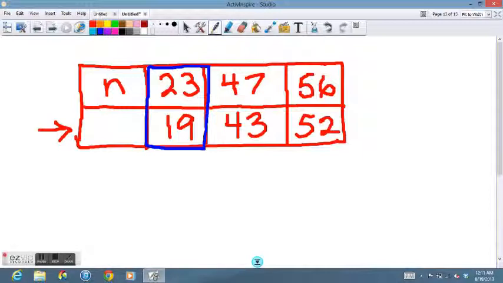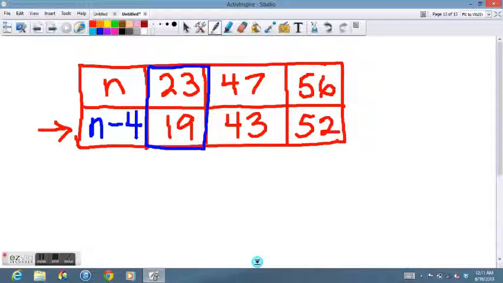If I take my n, which is 23, and I subtract 4, I'll get 19, won't I? Okay? So I could say that this might be n minus 4. But I have to check it to make sure it works for all of the columns.